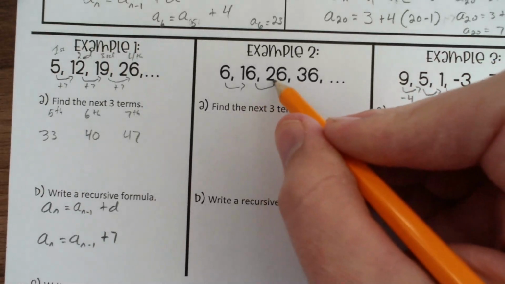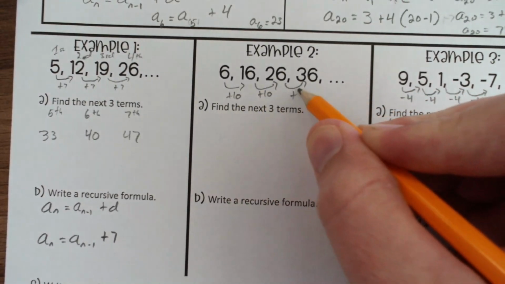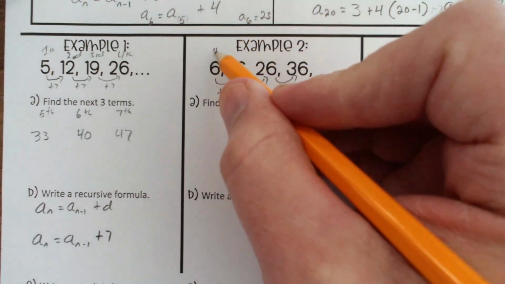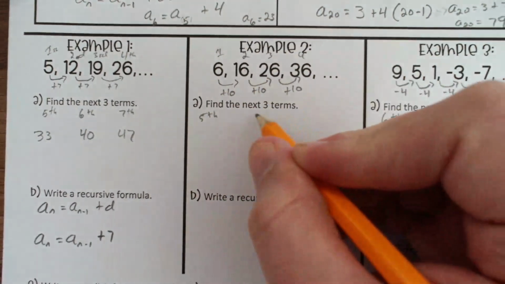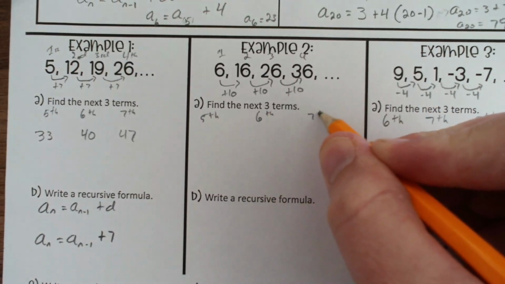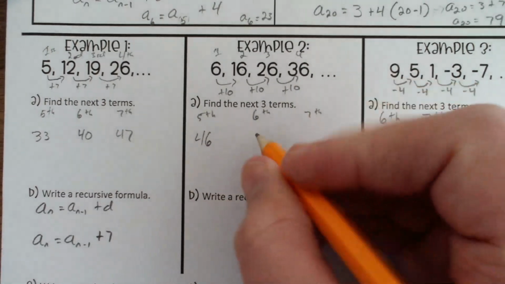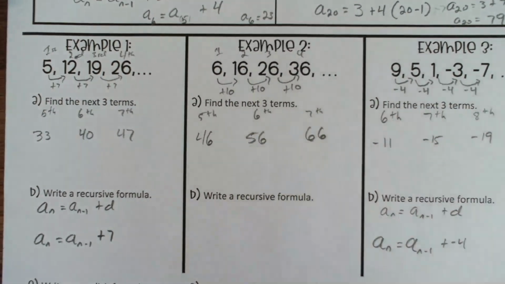This is increasing by 10 every single time. So my next three terms, this is 1, this is 2, this is 3, this is 4. So I'm looking for the fifth term, the sixth term, and the seventh term. The fifth term would be 46, the sixth term would be 56, and the seventh term would be 66.